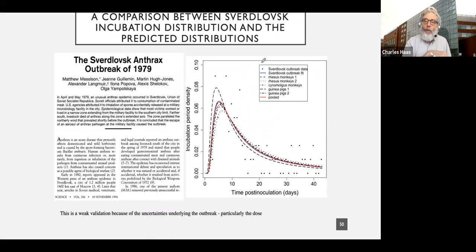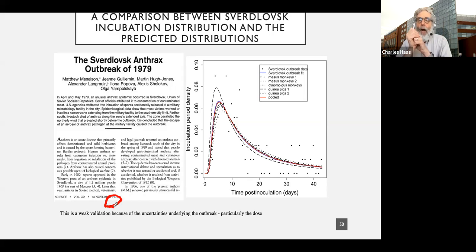There was an outbreak of anthrax in the former Soviet Union in 1979 in the city of Sverdlovsk. This was a paper written by Meselson in Science. You'll notice the date on it, 15 years later, because it took until the fall of the Soviet Union before the complete records of the Sverdlovsk incident became available. But what Meselson reported is given by the points in the right-hand figure.